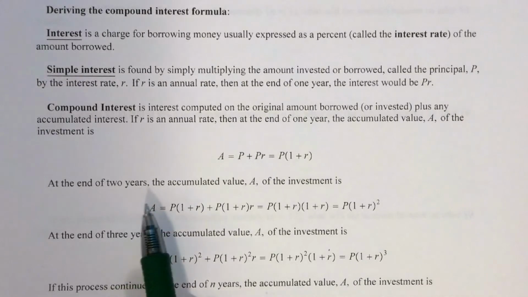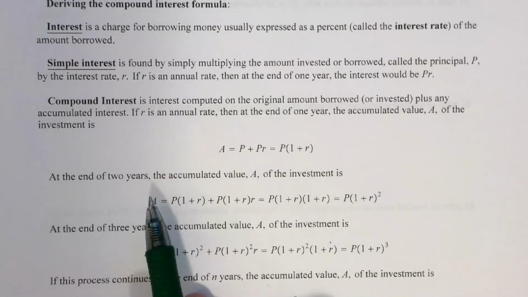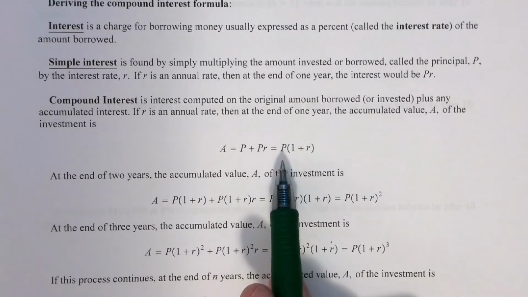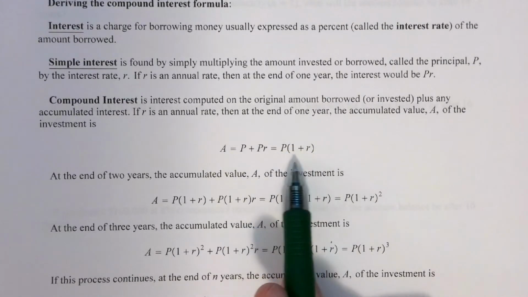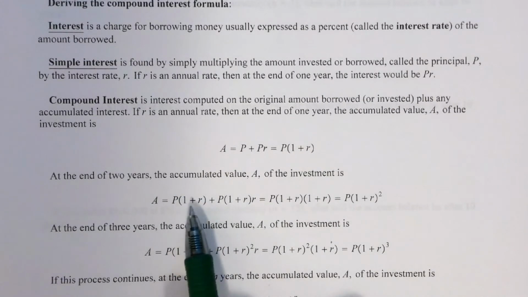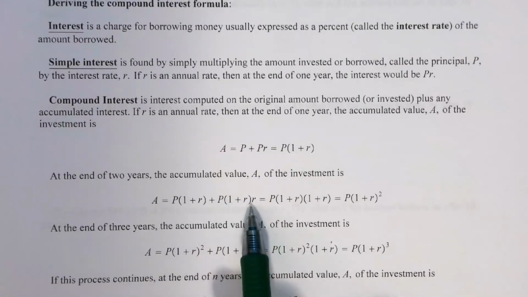At the end of 2 years, what would the amount be? Assuming we're compounding every year, they're now going to look at your amount at the beginning of the second year, which is this amount, P times 1 plus R. That's how much you have in the account, plus the interest. The interest is going to be P times 1 plus R times what? The interest rate.